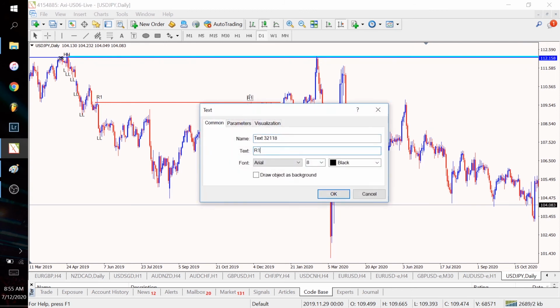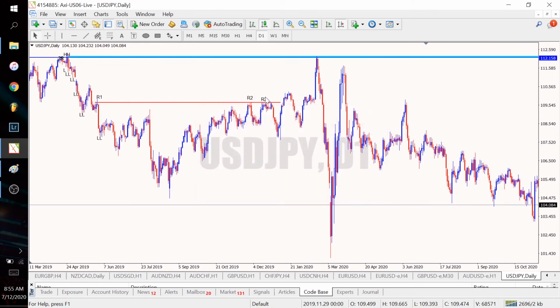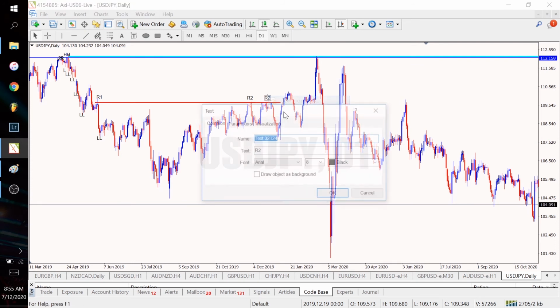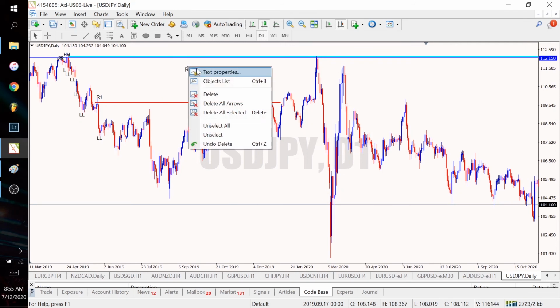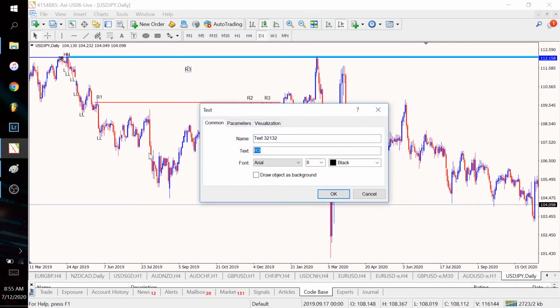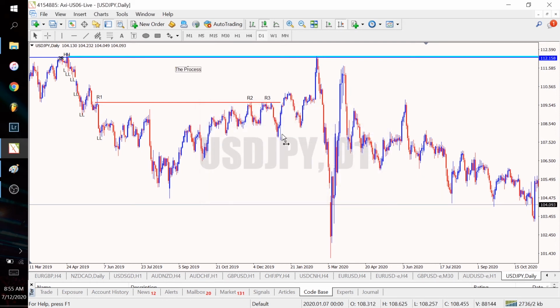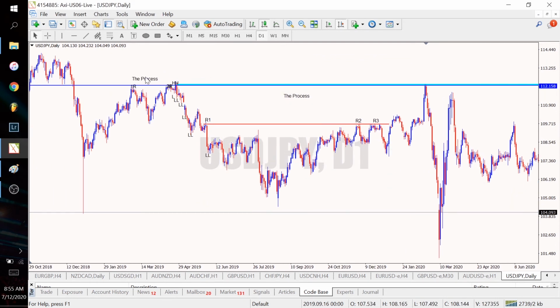This is our R2. This is our R3. So that is the process. Let's label this here the process. This is the past.